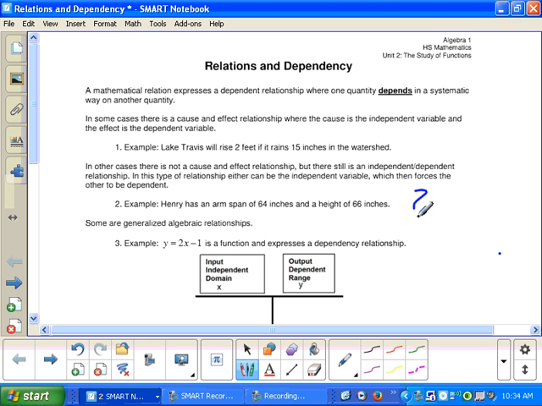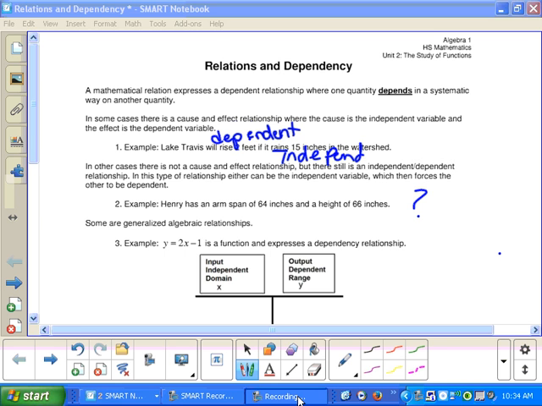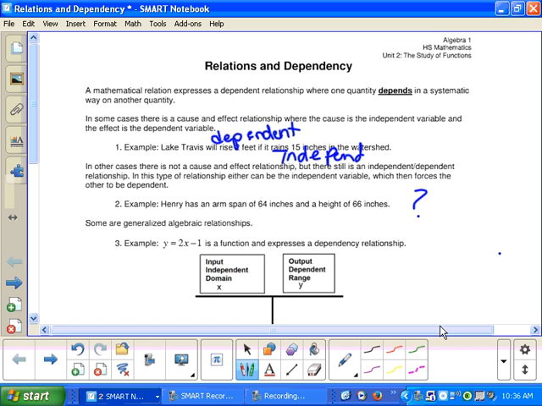The majority of our situations are going to be really clear that this is going to be dependent and the rain is going to be independent. Okay, so this would be independent for rain, dependent for the amount that it rises.